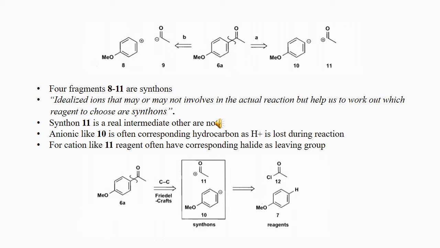The reason was that it was a logical disconnection. The synthons which we are suggesting are logical, and they exist. But in the case of disconnection B, the positive charge on the aromatic ring at the carbon which is being disconnected from the carbonyl, and the carbonyl carbon with the negative charge, are not real synthons actually.